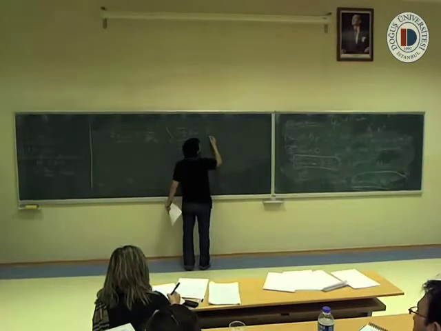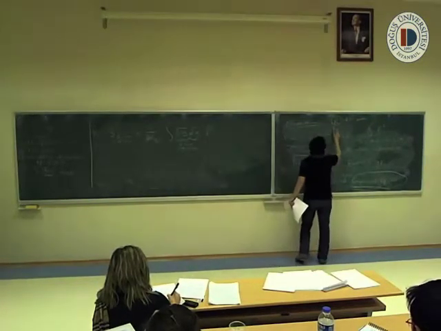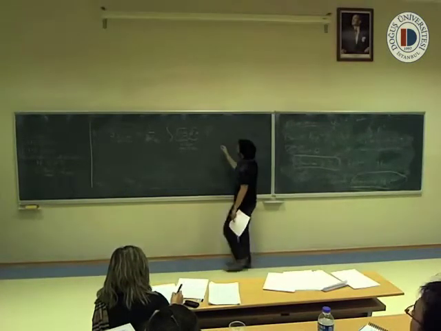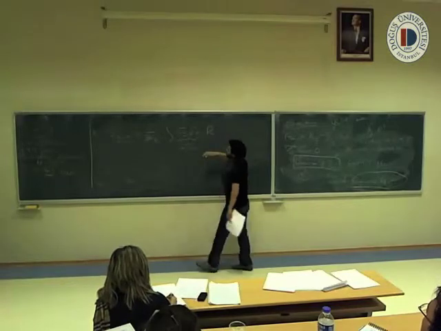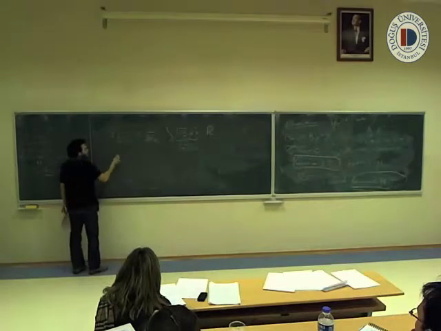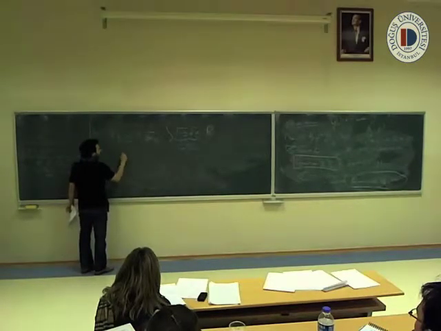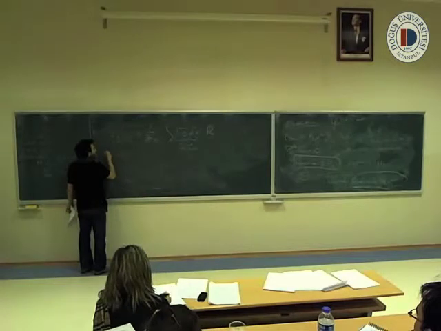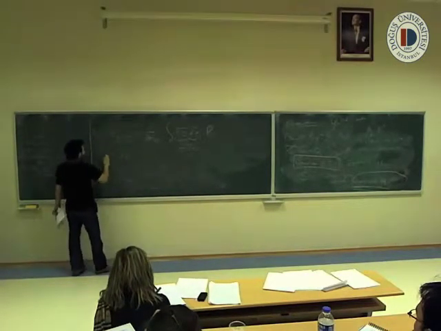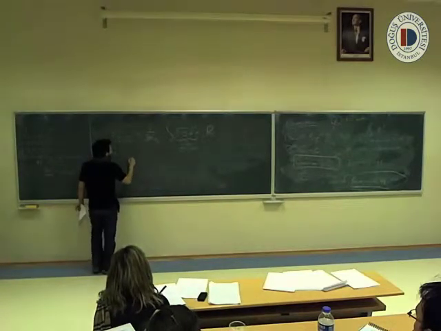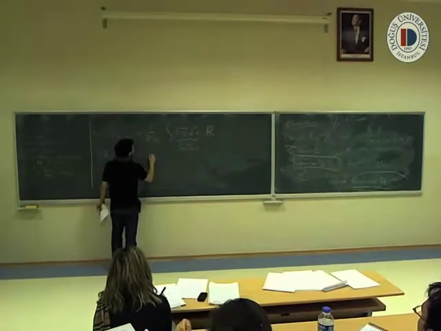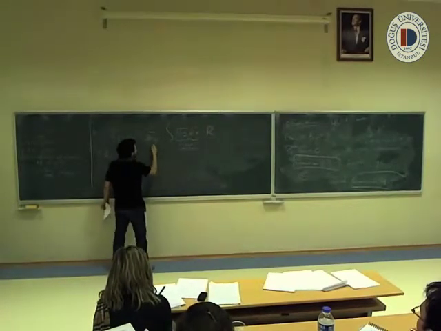Times some scalar. I want to write down some scalar that depends on the curvature. So we have the curvature tensor. And the only scalar that you can obtain from the curvature tensor is the Ricci scalar. So if I put here R, I am done. If you start with this, you can show by just varying this action with respect to variations of the metric, delta S equals delta g^{mu nu} times something, and that something is exactly this G_{mu nu} minus kappa T_{mu nu}.